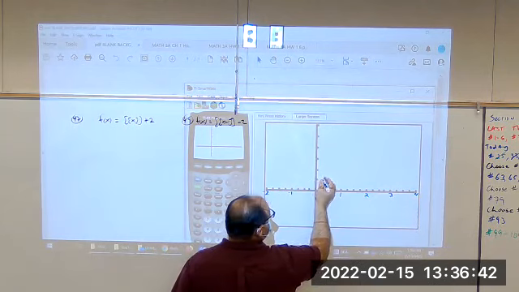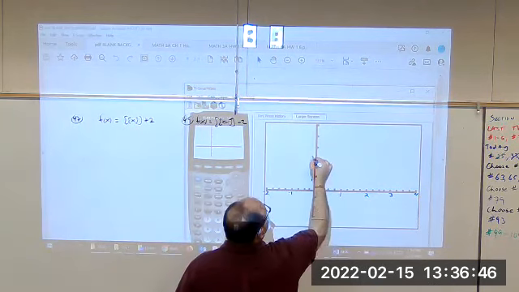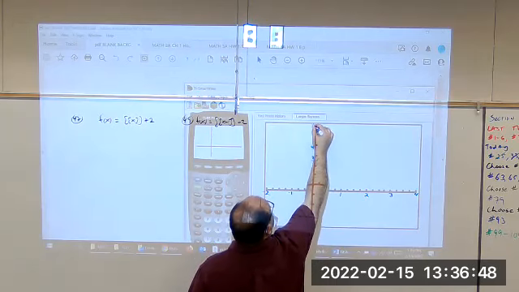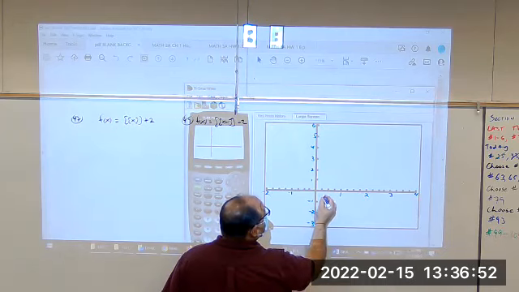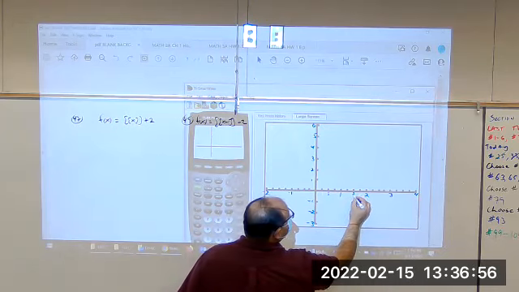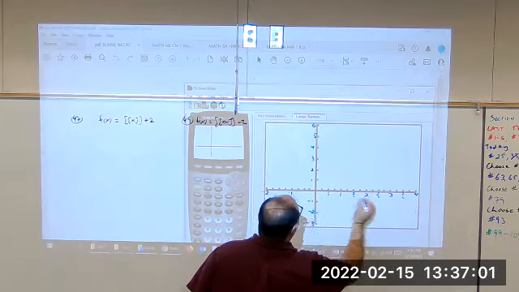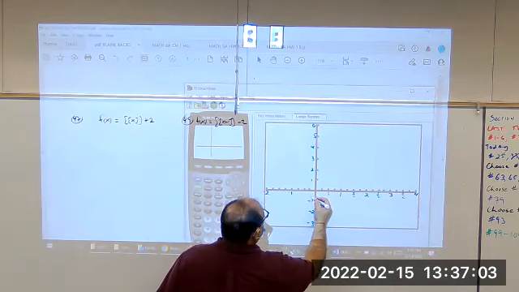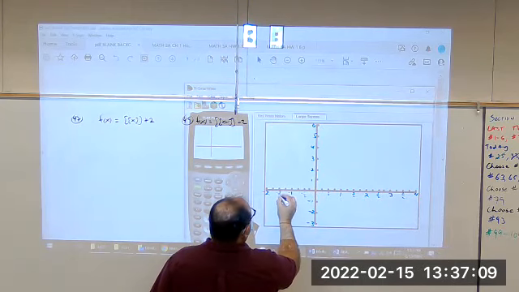And then this is 1, 2, 3, 4, 5, and 6. Negative 1, negative 2, negative 3. This is 1/2, 3 over 2, 5 over 2, 7 over 2. Negative 1/2, negative 2.